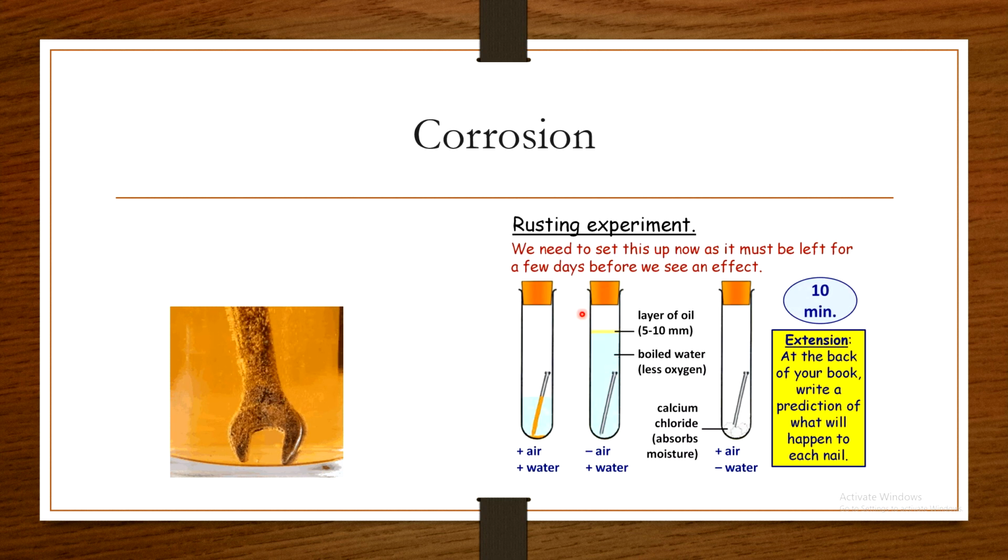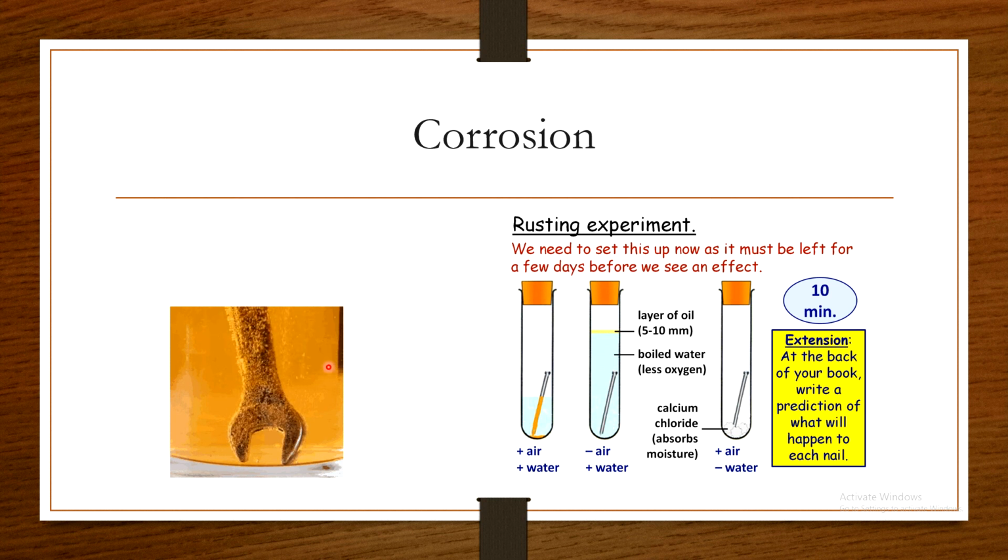But corrosion and rusting are two different things. Rusting usually occurs on the surface of iron and its alloys. That means rusting mainly occurs when the metal is exposed to air and moisture.